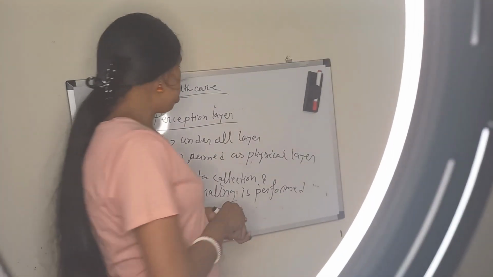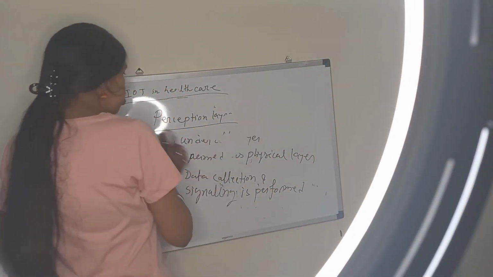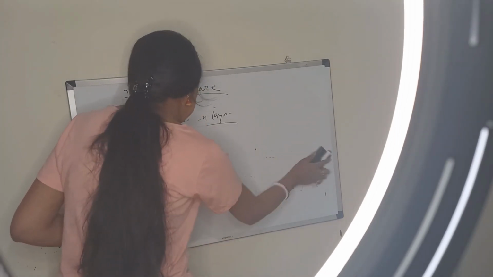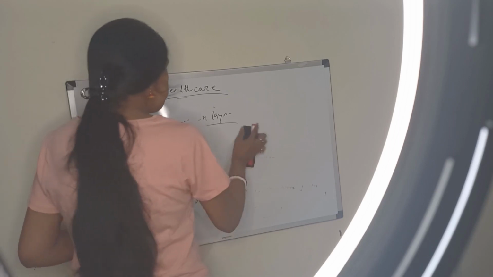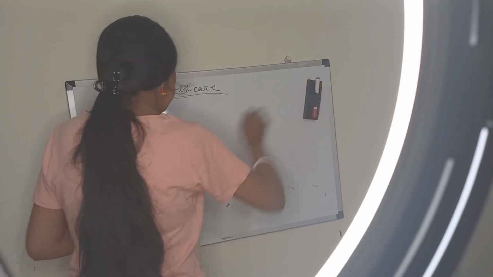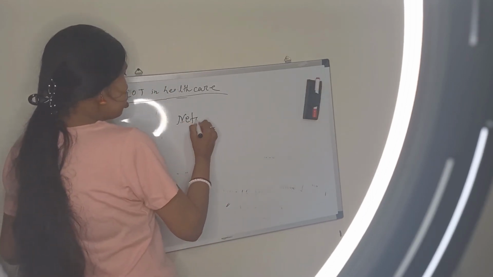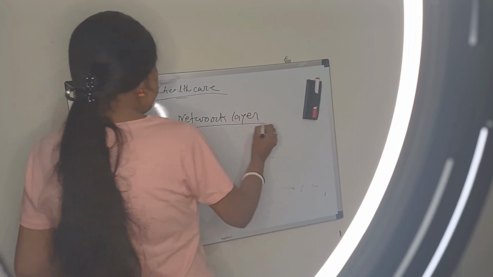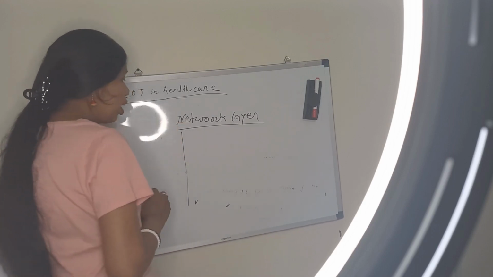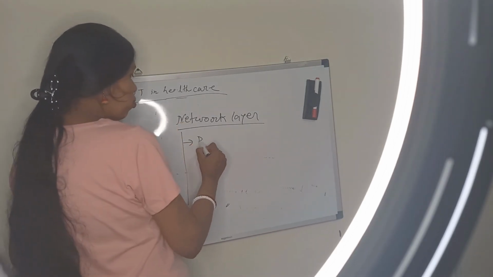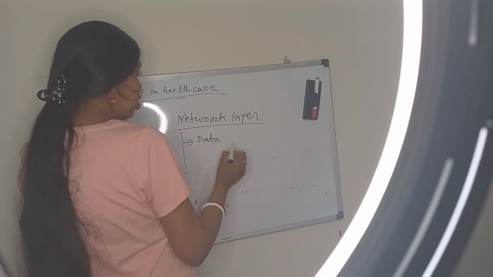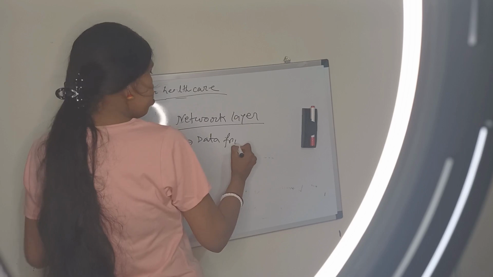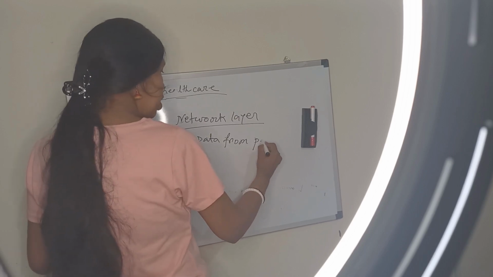Next we come to the network layer. In the network layer, data comes from the perception layer.